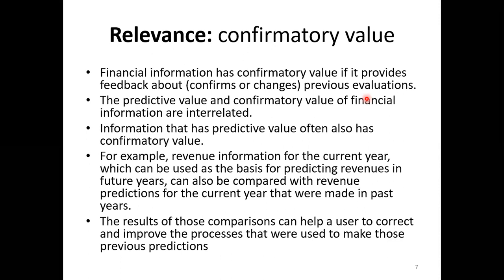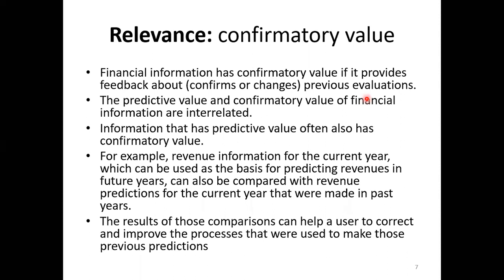Financial information has confirmatory value if it provides feedback about previous evaluations. Before I flip the coin, if that person says it's tail and the outcome is also tail, then our prediction is verified, confirmed as correct.